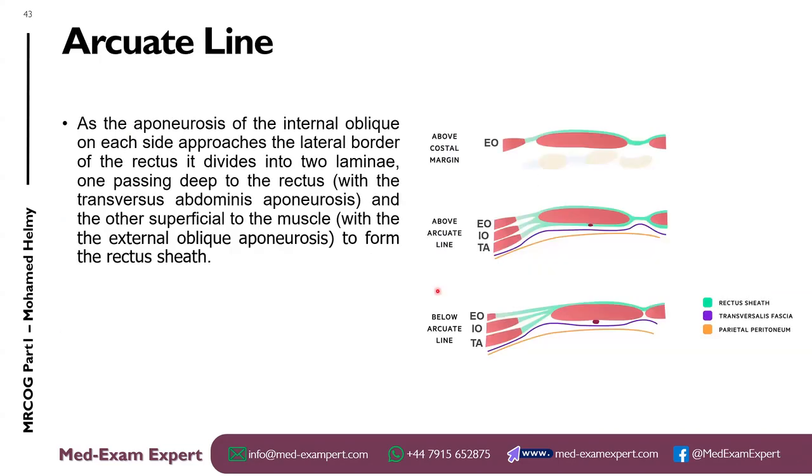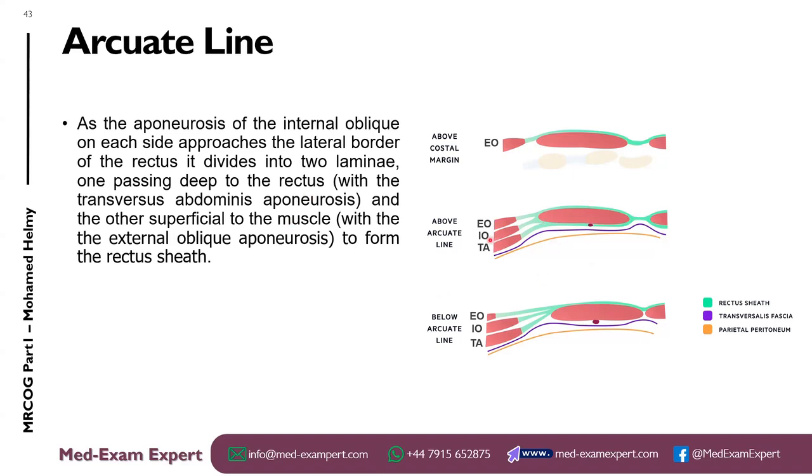The importance of the internal oblique muscle is that it has an aponeurosis which shares importantly in the rectus sheath, the sheath which is covering the recti muscles.